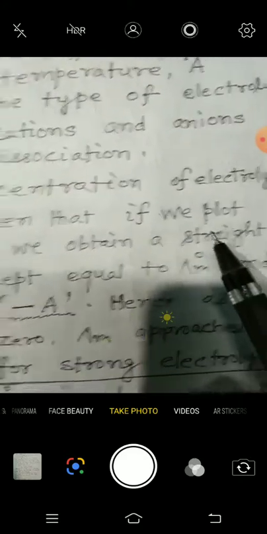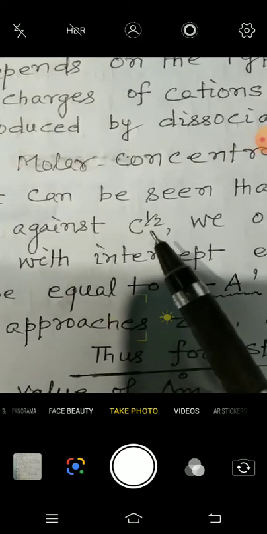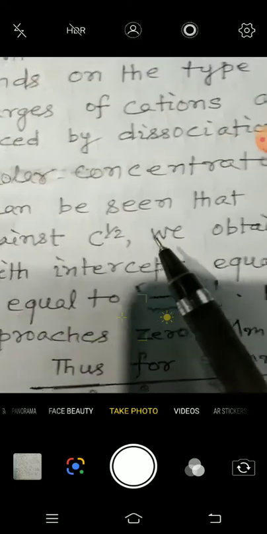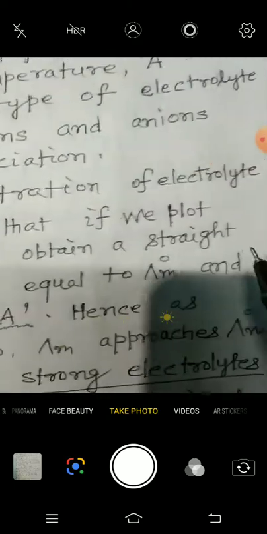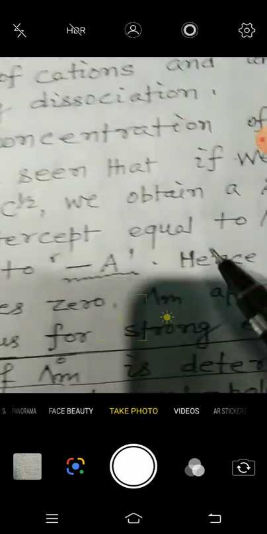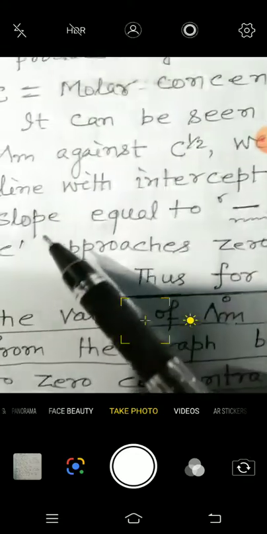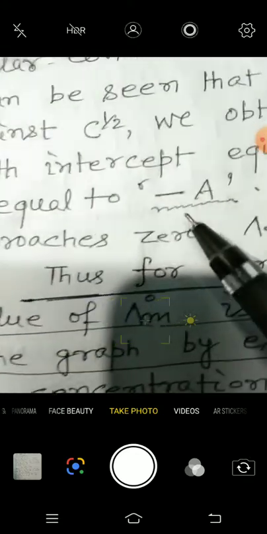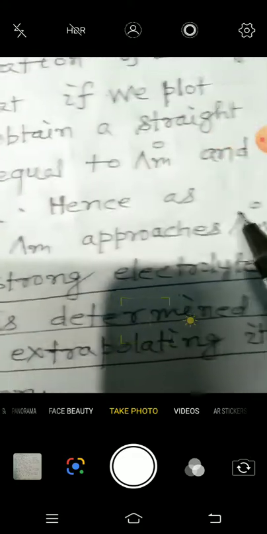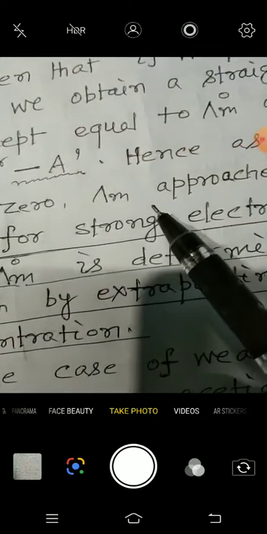It can be seen that if we plot lambda m against the square root of the concentration, we obtain a straight line with intercept equal to lambda naught m and slope equal to minus A. Hence, as C approaches 0, lambda m approaches lambda naught m.